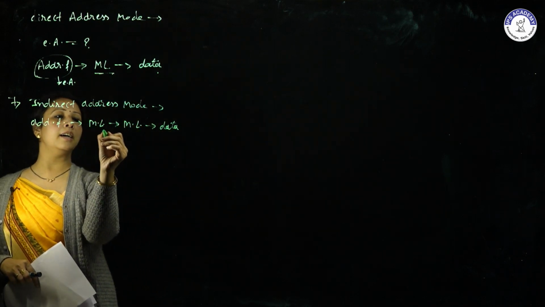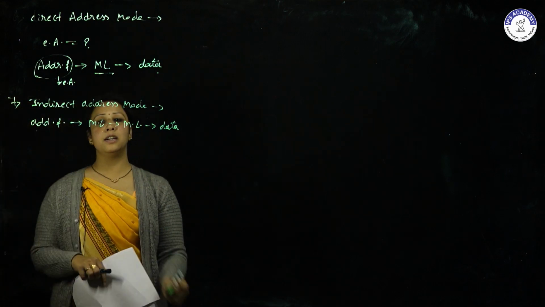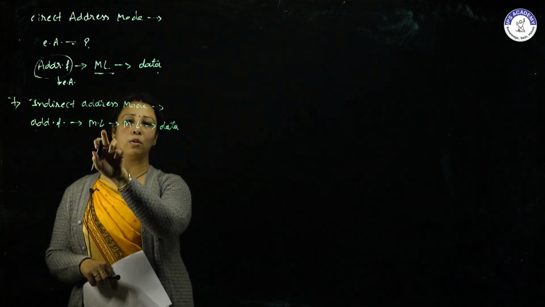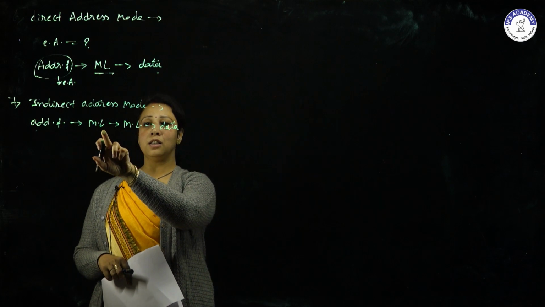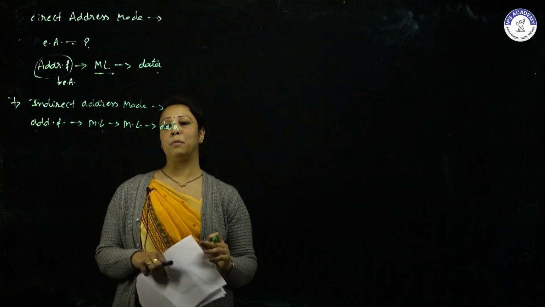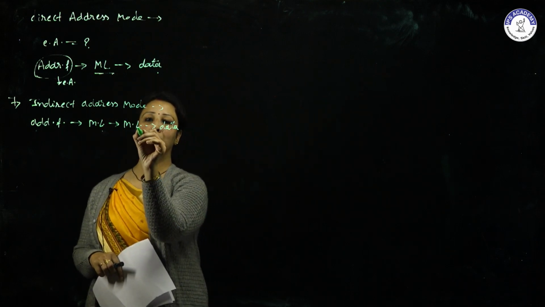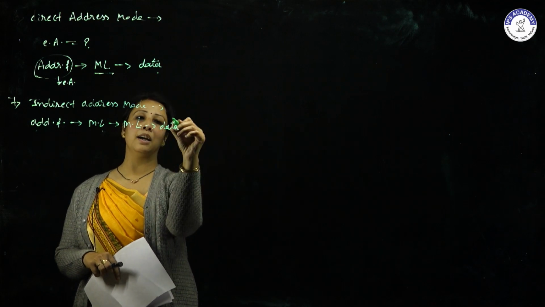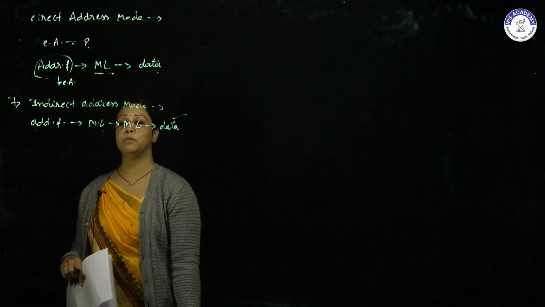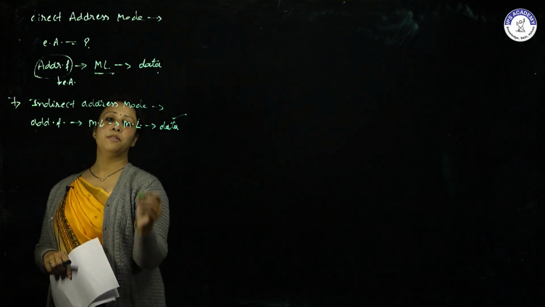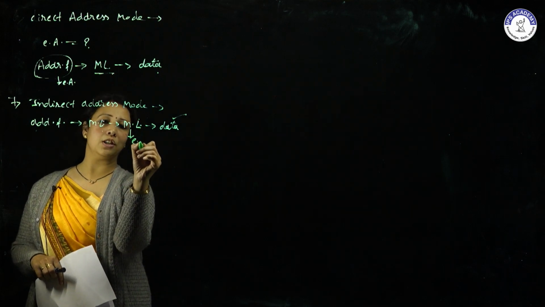So we find the data indirectly. The address field contains a value which is a memory location. In this memory location we find another memory location, and in that memory location we find the actual data on which we have to perform the operation. So the effective address is this memory location.